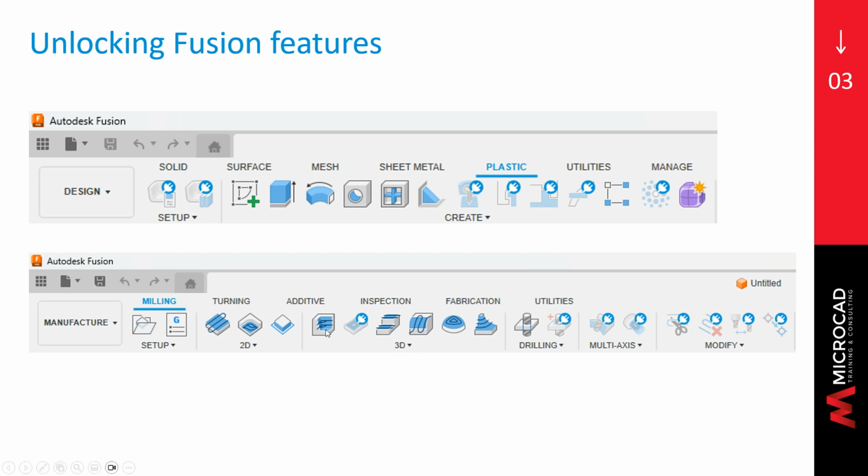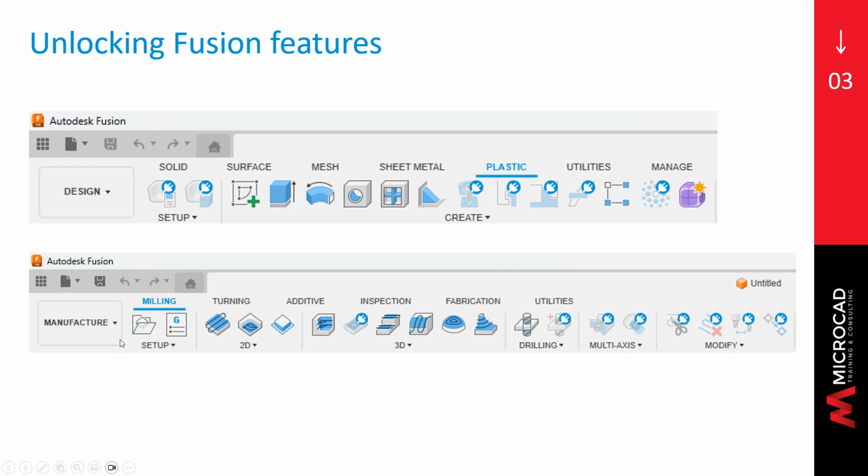You will be able to do some 3D operations such as adaptive clearing, parallel machining, those kind of things. But if you need more complex tools, if you need to work on multi-axis, that's 4-axis, 5-axis, or if you need to edit your toolpaths, those are the kind of features that are included with the manufacturing extension, okay? So this is how it will look if you don't have the extensions activated.